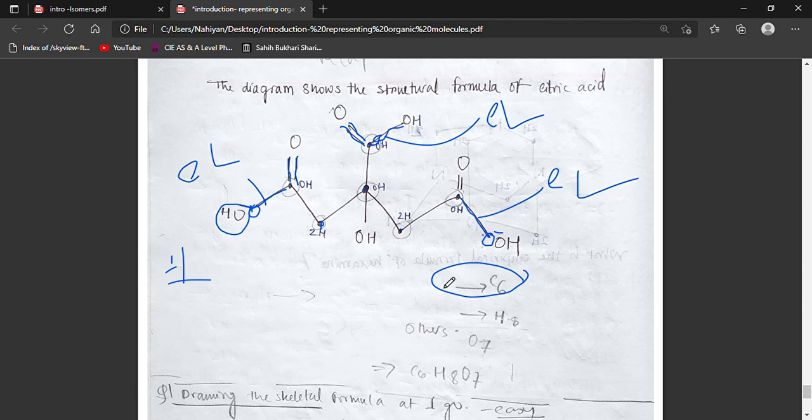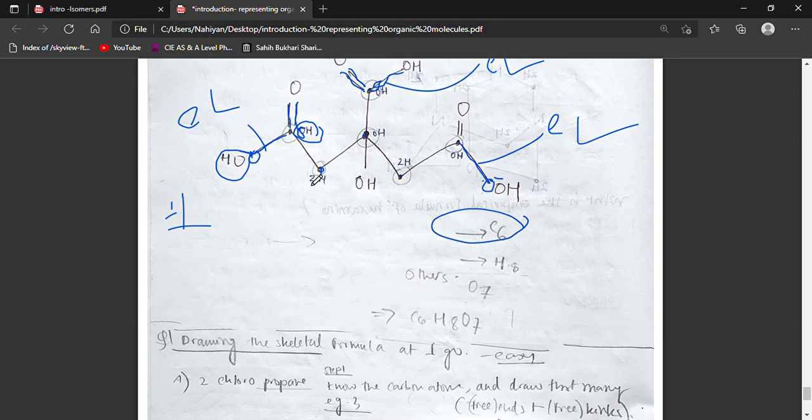And now we are going to focus on those kinks and see how many hydrogens each can have. The first one has 1, 2, 3, 4 bonds already, so it can have 0 hydrogens. So this is not an OH, rather this is an annotation showing the number of hydrogens. So be careful on this, which I said previously.